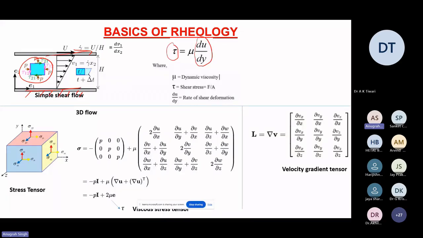So in the experiments, either we have a cylindrical cuvette where you have an inner cylinder and then an outer cylinder, right? And you put the material in the gap between the two, or you have a cone and plate where you put your suspension between a rotating cone and a stationary plate, and you measure the torque.